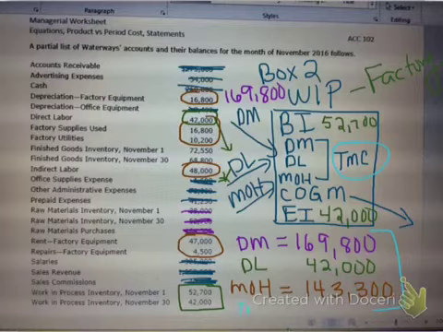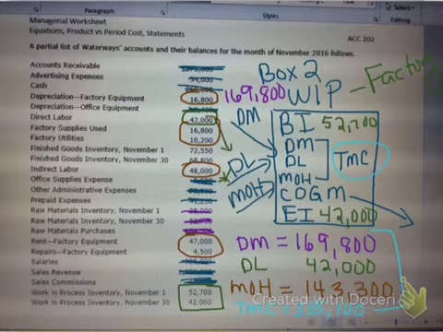So in this case, by adding those together, my total manufacturing cost is going to equal $35,100. Now you will have to be able to work these equations on your test and know what you are looking at. And so that total manufacturing cost is very important in both the statements and in working these equations.